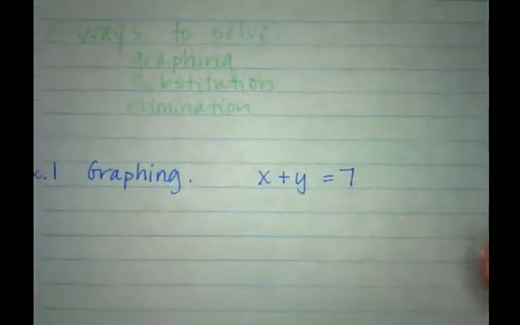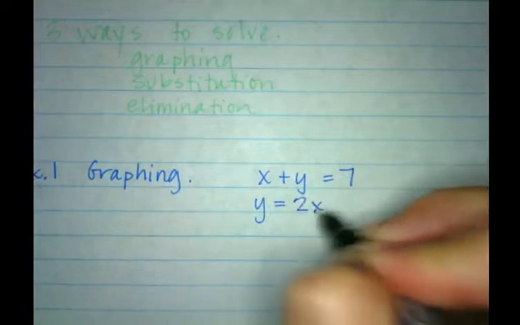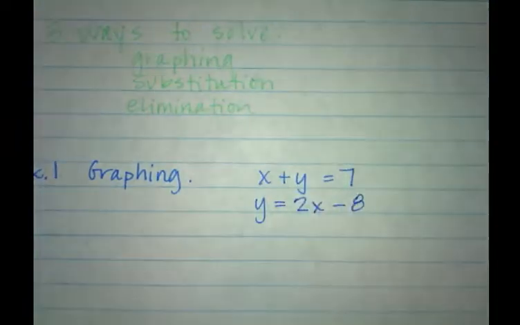That's going to be 1 line. And y equals 2x minus 8. We'll try that as another one. So what we're going to do is graph these 2 lines on the same coordinate plane and then find the point where they meet.